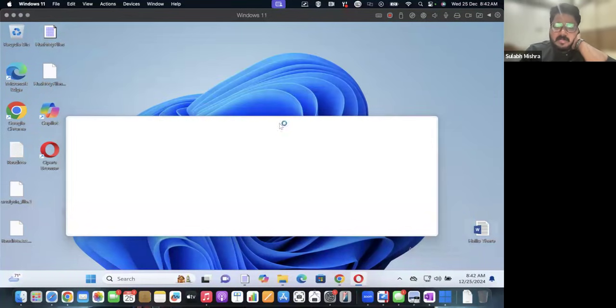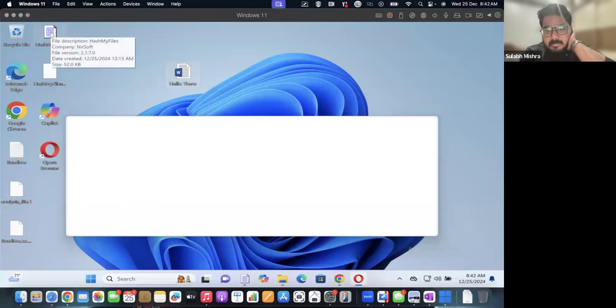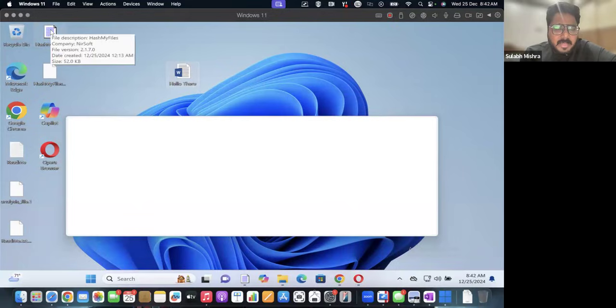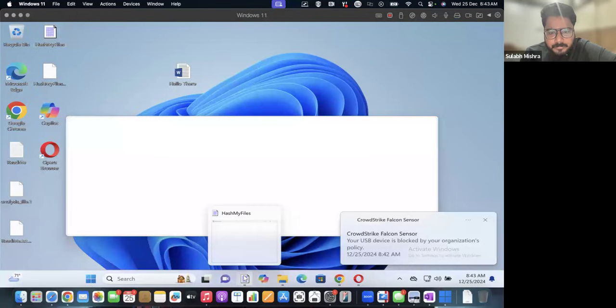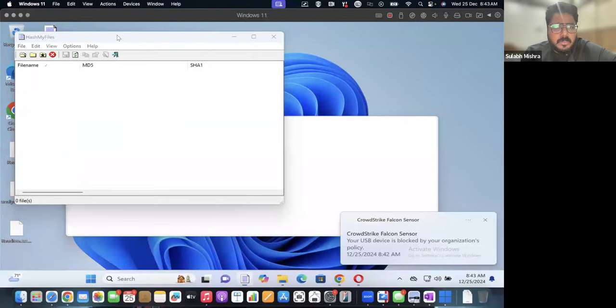Let's consider this is the file I have. I'm taking a Word document just to show you an example. As I said, every file has a hash. Let's say I want to find the hash of this file. You have multiple ways to do it, but I have this quick program to check hashes.